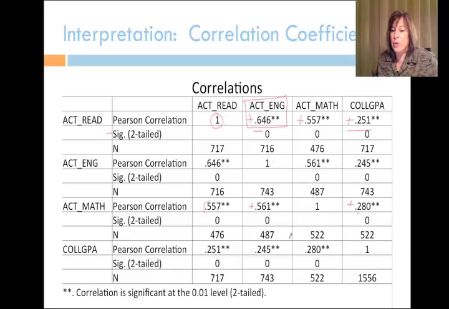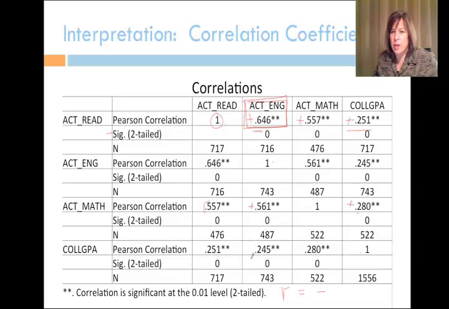If we had an inverse relationship, the R would be negative. So on this entire chart, basically we're looking at the correlations between 4 different variables. On this whole entire chart, the strongest relationship is probably this one that we have boxed, 0.646.